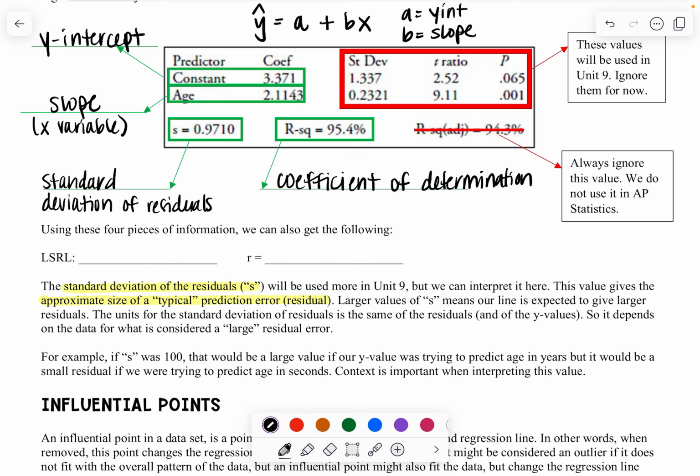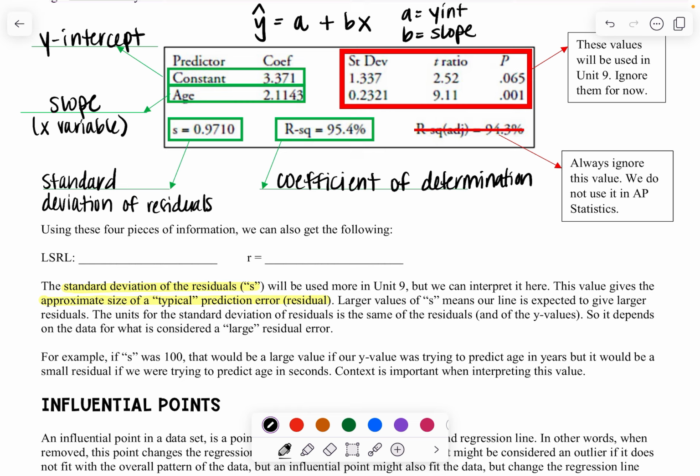That means they fit what the line is predicting. One thing about the coefficient of determination: r squared and r have a direct relationship. If I know r squared, I can find r by taking the square root of that number, which we'll do in just a second.